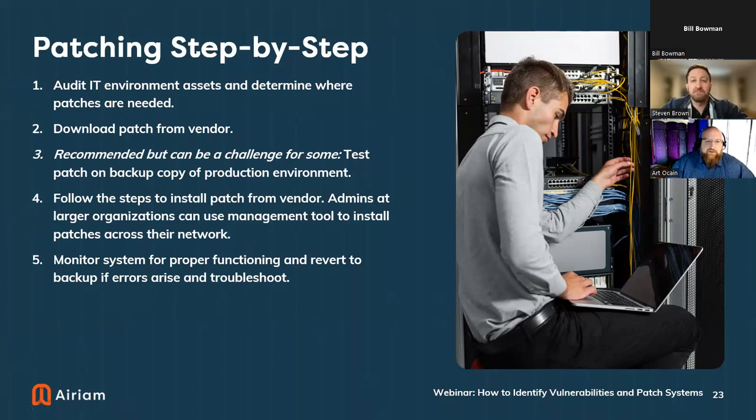So auditing your IT environment and really identifying what assets you have and where your patches are needed is really important. I've mentioned firewalls several times. There's switches, routers, access points, other applications, your servers themselves, your storage devices, your backup storage. There's a lot of things on your network.